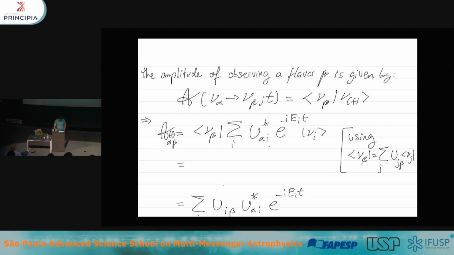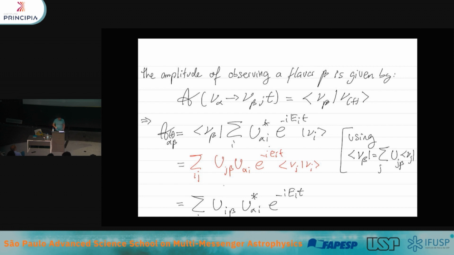And so then you're going to get something that looks like a double summation over i, j of U j beta, U alpha i, e to the minus i E_i t, and then you get nu j, nu i star. So something like that, right?